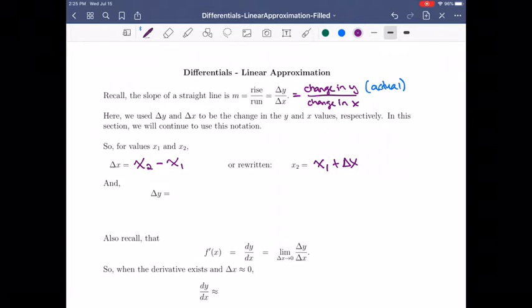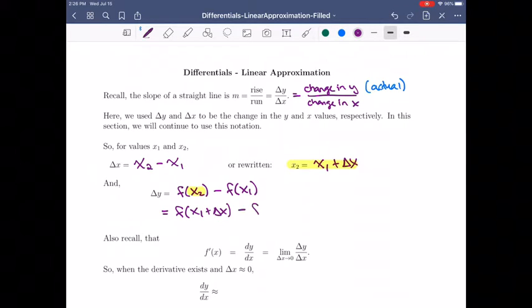Then delta y is the change in the y values, so it's f of x2 minus f of x1. If we use this other way to write x2, this is f of x1 plus delta x minus f of x1. And this looks maybe sort of familiar. It looks like the top of the limits we were talking about earlier.